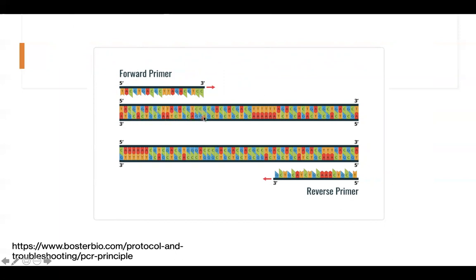Okay? After nating ma-separate tong DNA strand by denaturation. Okay? And of course, yung reverse primer, doon naman siya mag-a-attach doon sa sense strand. So yung sense strand natin, itong 5 going to 3. Okay?